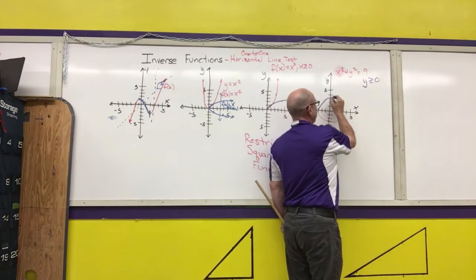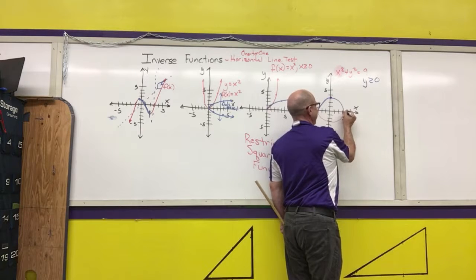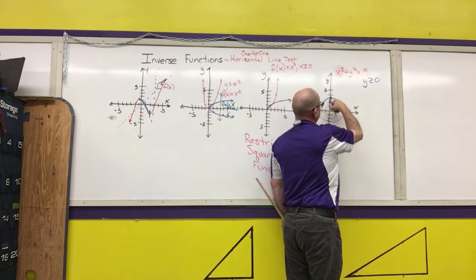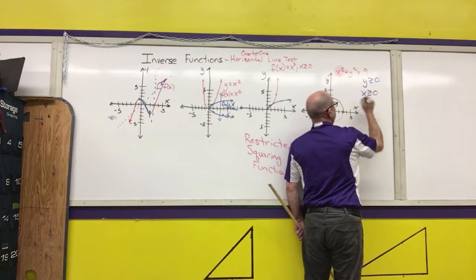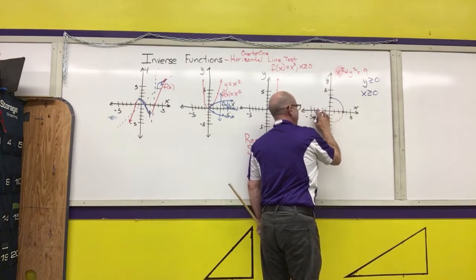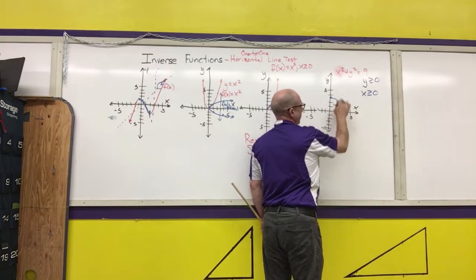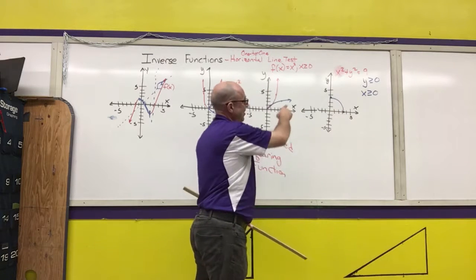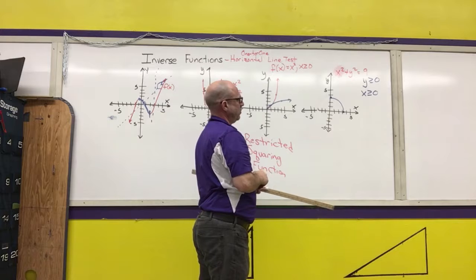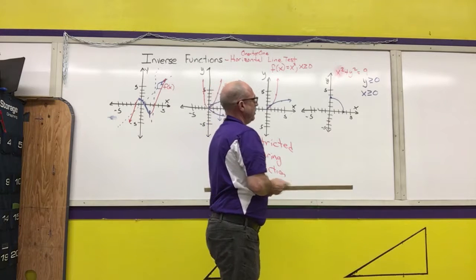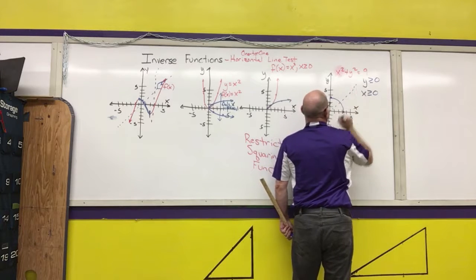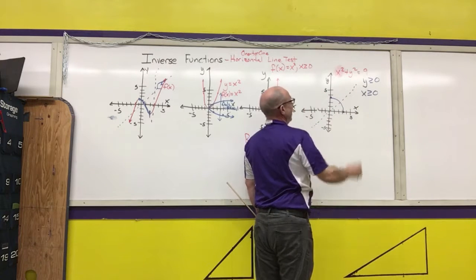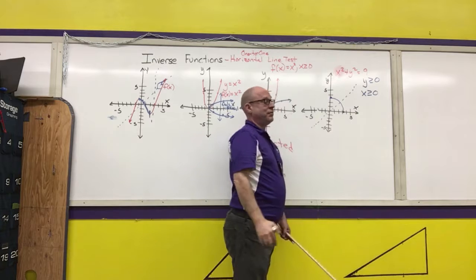Well, if I want it to have an inverse, I can restrict the domain from here to here, and that domain would be x's greater than or equal to 0, which would leave me with just that portion of the circle, or a quarter of a circle, and then that would have an inverse function, which would just be a reflection across the identity function, and in this case it would be itself.